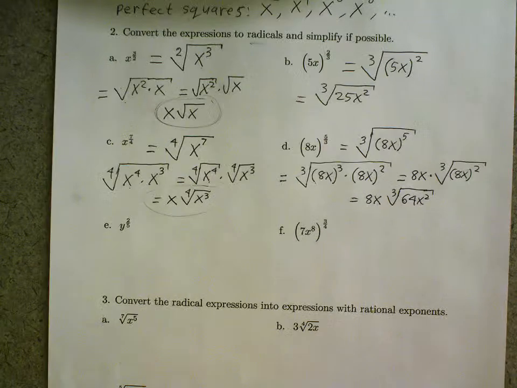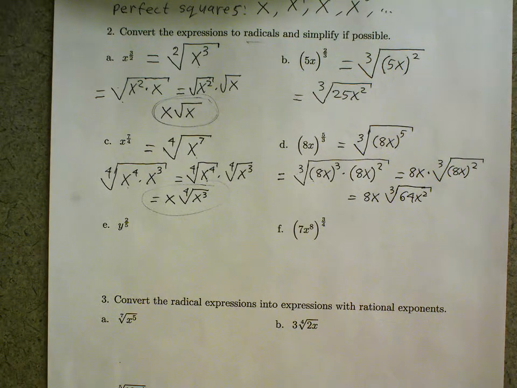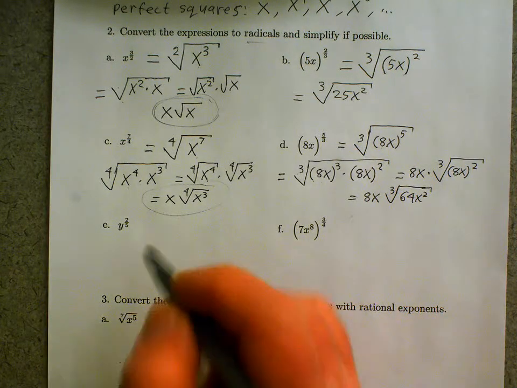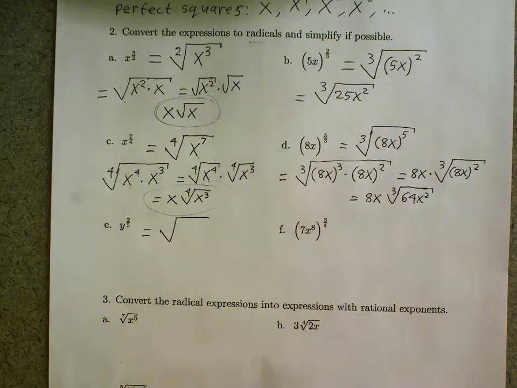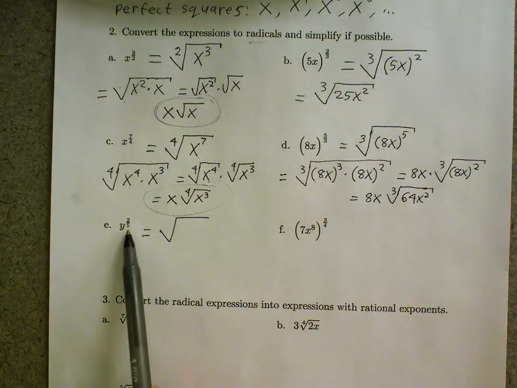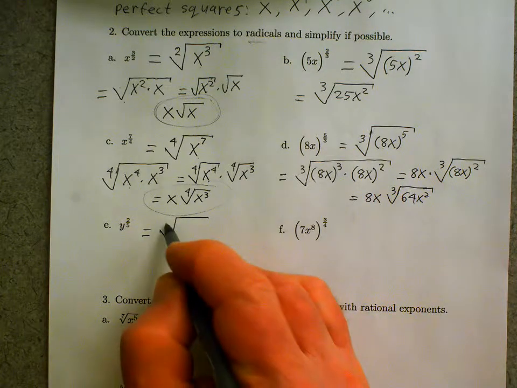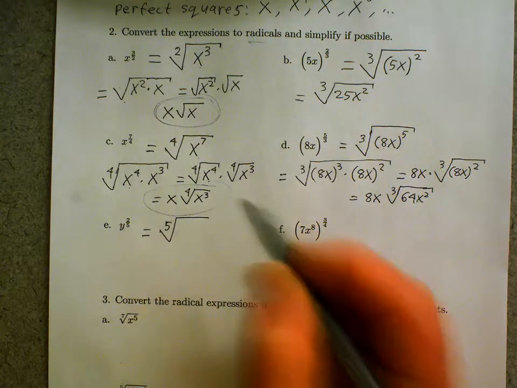Okay, the next example, y to the 2/5. Convert this to a radical. The denominator of the exponent is 5, so that means the index of the radical is 5.